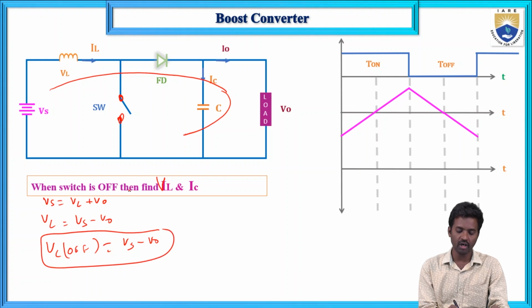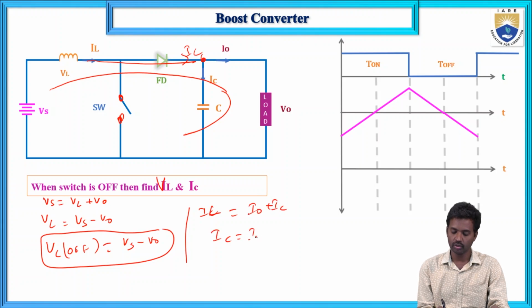So when the switch is off, the voltage across the inductor is Vs minus V0. There is the same inductor current, and this is open circuit, there is no path here. If you apply KCL at this node, IL equals I0 plus IC, so IC equals IL minus I0. So IC off equals IL minus I0.